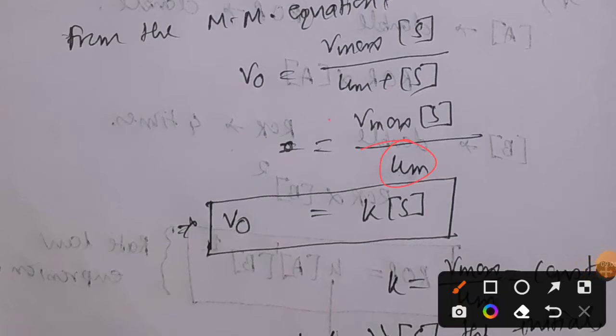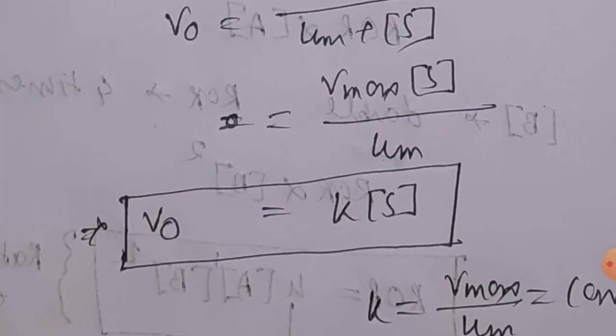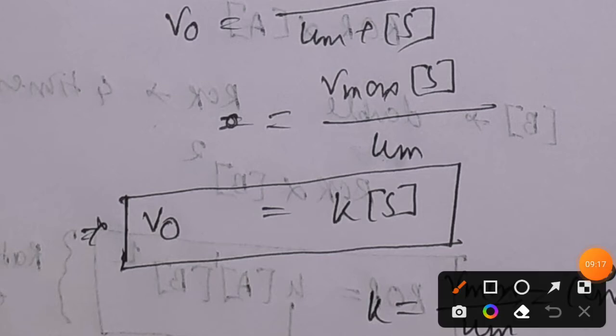So here Vmax and Km both are constant terms, so we can write Vmax by Km as just k. Now as you can see, if we consider the initial velocity of the reaction as the rate of the reaction, then the rate of the reaction is directly proportional to the concentration of the substrate, right?